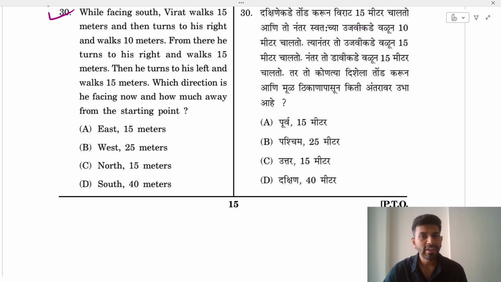Next, while facing south, Virat walks 15 meters. So this is north, south, east and west. Facing south, Virat walks 15 meters, then turns to his right.